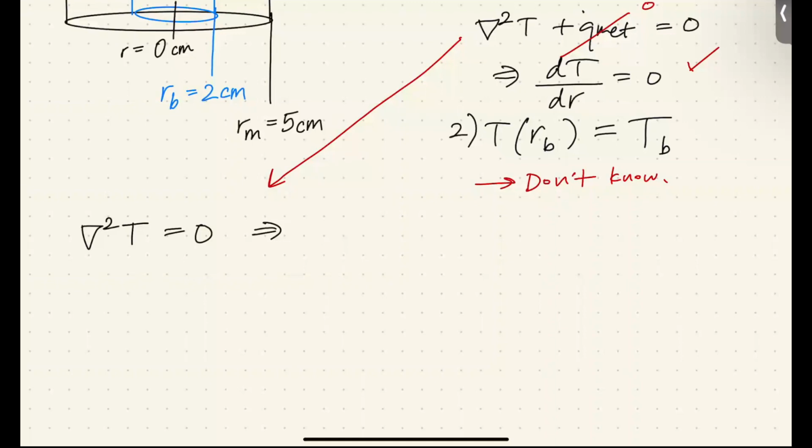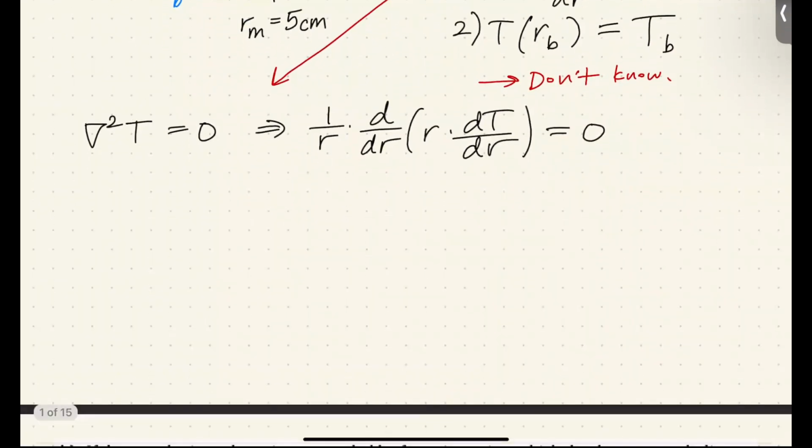If we write it all the way back out, we have 1 over r times the derivative with respect to r of r times the derivative of temperature with respect to r, equals 0.